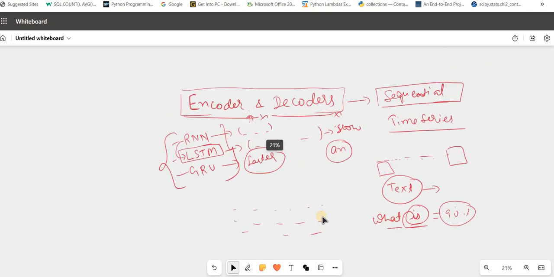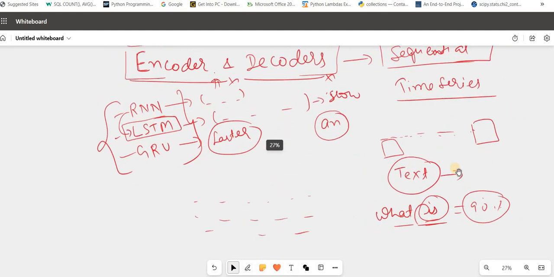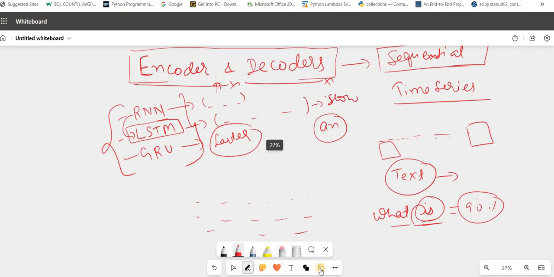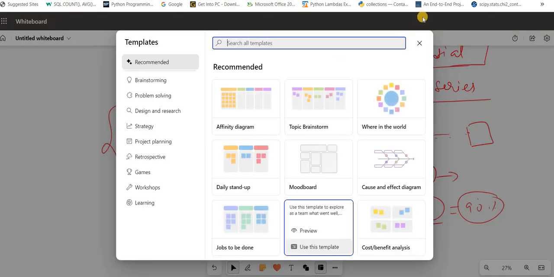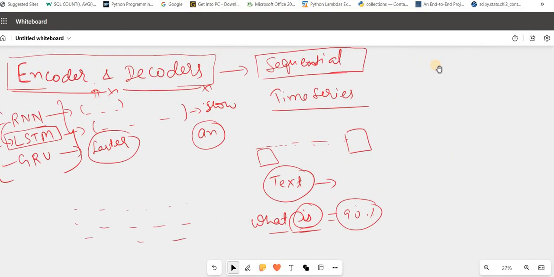So how exactly does the LSTM encoder decoder look? Just understand at a high level.